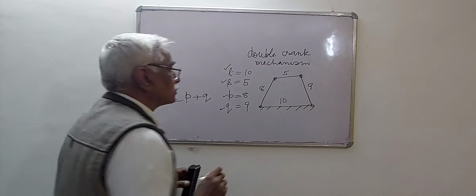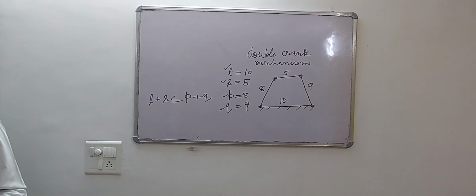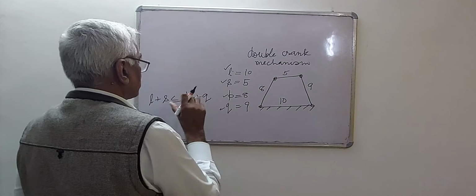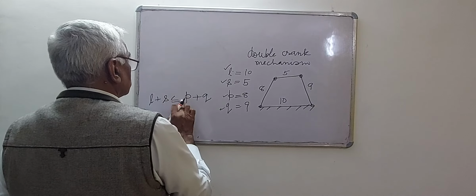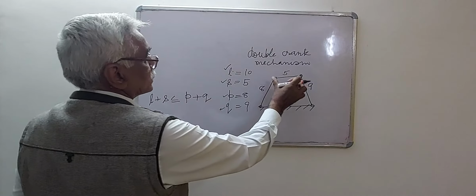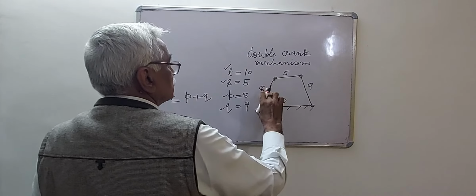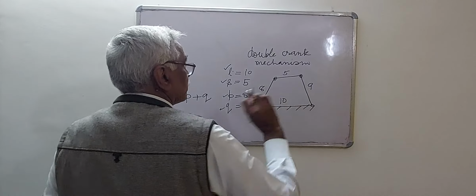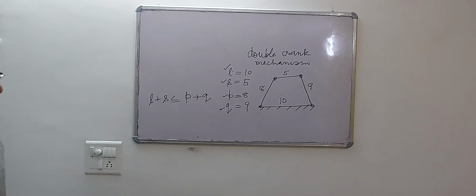So it is a double rocker mechanism. Shortest link is the coupler, so you obtain a double rocker mechanism according to the inversion of the Grashof linkage.